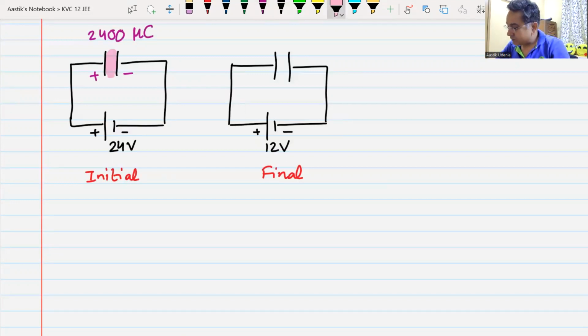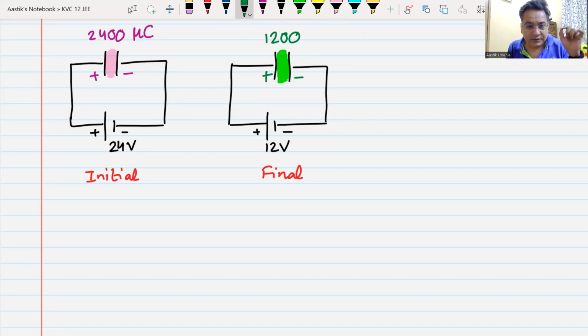Now the green case is the case where this has been connected to a different battery. Now what is the charge? It would be 1200. So that is the first part of the question. Find the charges on the capacitor before and after reconnection.